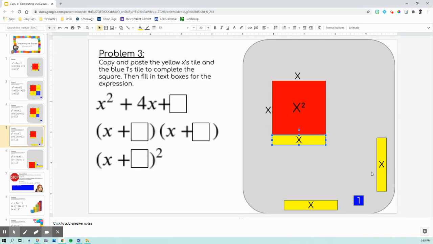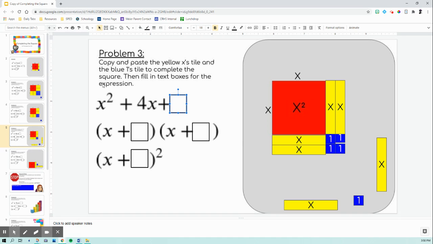For the length and width to be the same, if I put 1 on the bottom, I then have to put 1 on the top. And I need 4 of these total, so it ends up being 2 and 2. And then we'll add in our blue squares. Again, these don't have to be perfect, just so we get the idea.